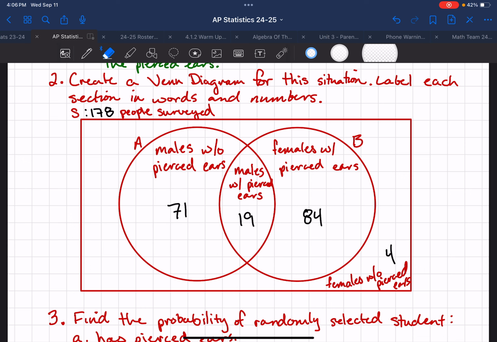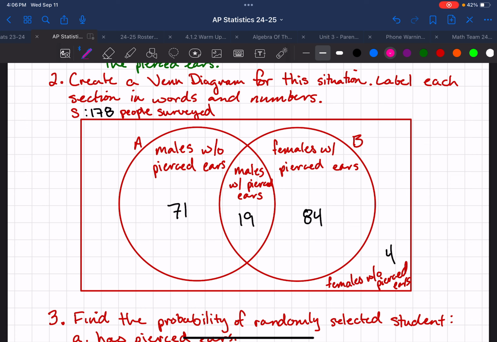Now, I would like to caveat here, if you're sitting there and you're like, well, if I was doing this survey, I would have asked more questions. Great, do that. The issue with that is you have to add more circles, and I don't want to deal with more circles personally. So for the example, we keep it very simple, but that is something you could do if you so desired.